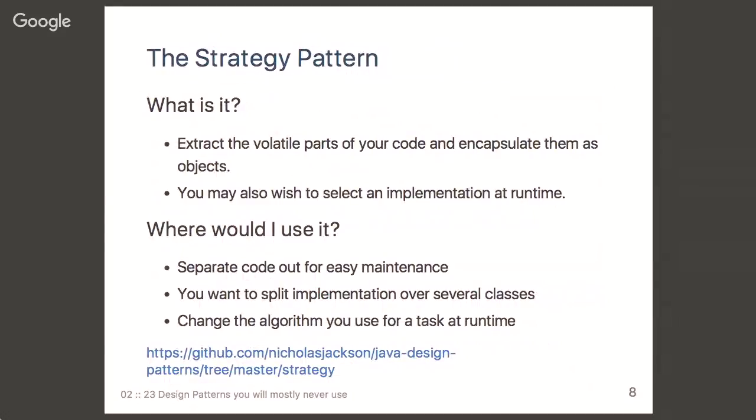So the strategy pattern is quite a useful pattern. And the idea behind the strategy pattern is that you extract elements of logic which are volatile, elements which change quite frequently or quite often, and you get them out of the main body of your code and put them into their own packages, potentially for easy maintenance.